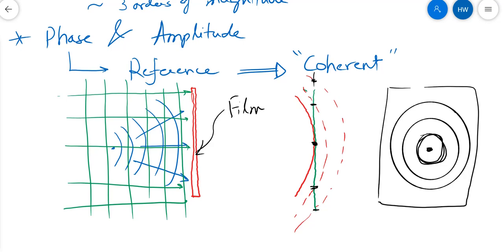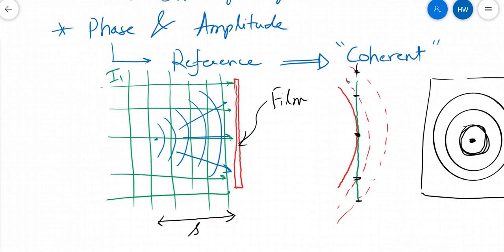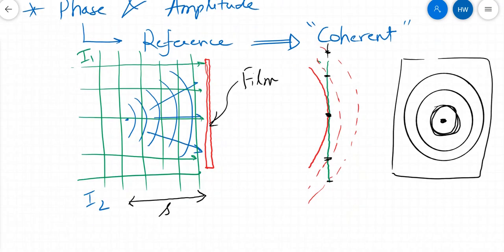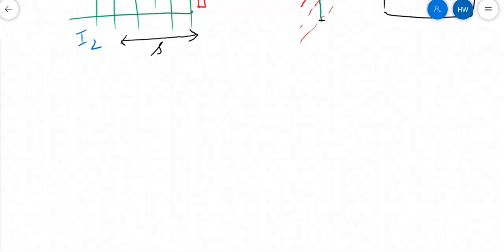Okay, so let me put down some numbers. Let's say the distance between the point source and the film is S. And let's say the intensities are I1 and I2, right? And then I want to write down the total intensity that I record.